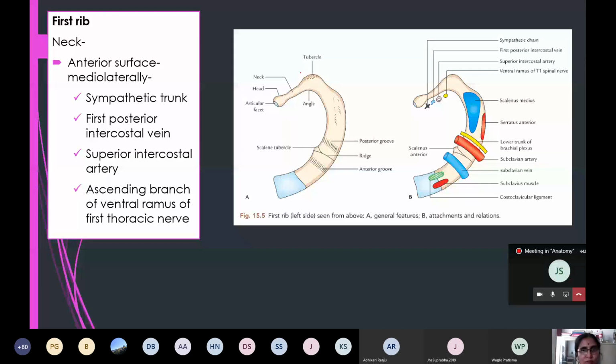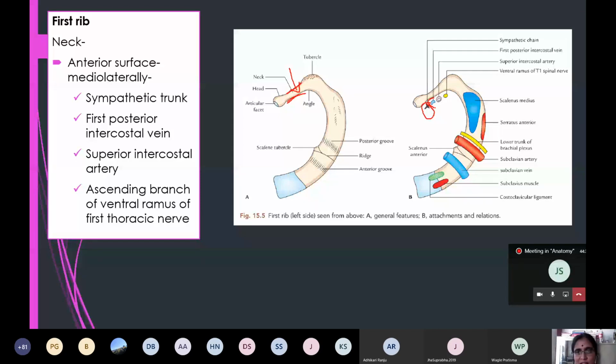So the neck of the first rib has an anterior surface and a posterior surface. The anterior surface has a few structures related, very important for a spotter. From medial to lateral, they are the sympathetic trunk, the first posterior intercostal vein, the superior intercostal artery, and the ascending branch of the ventral ramus of the first thoracic spinal nerve.